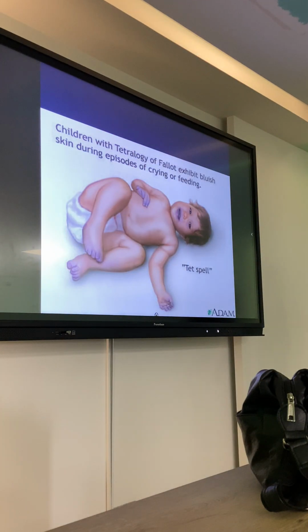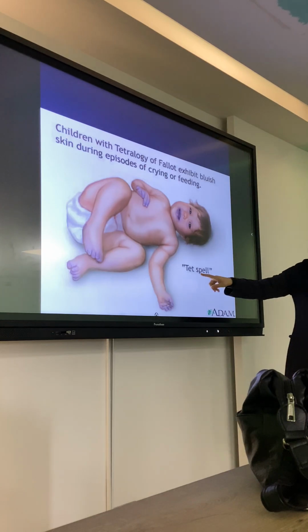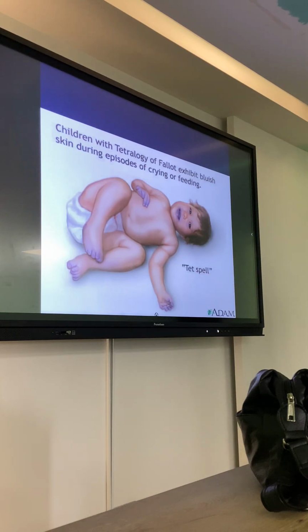Children with tetralogy of Fallot exhibit bluish skin during episodes of crying or feeding. Sometimes, all the time, they are bluish. They are cyanotic. We say tet spell. Tet spell means cyanotic at the time of crying, the baby is cyanotic.